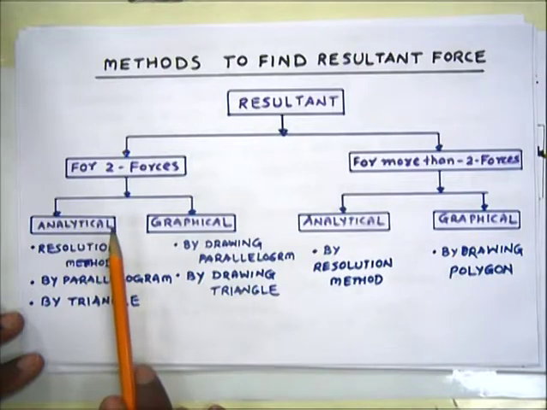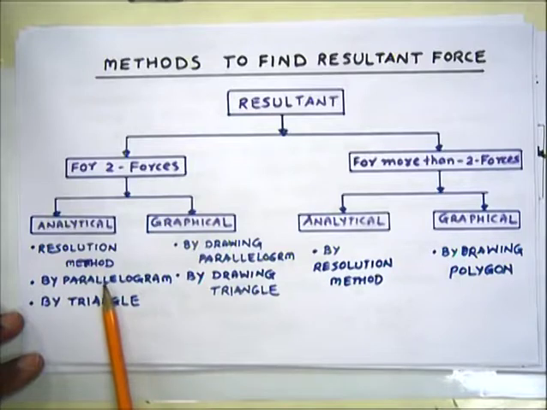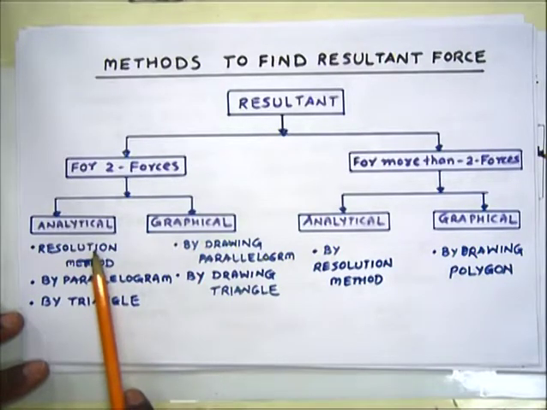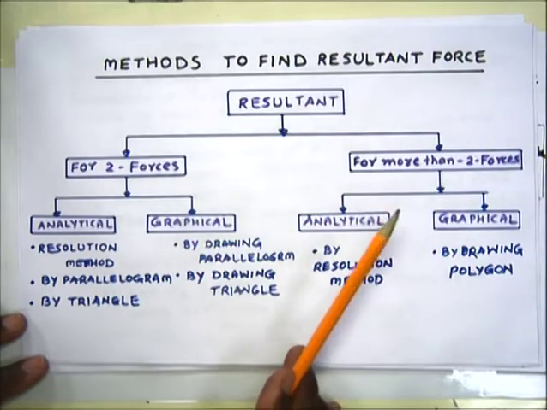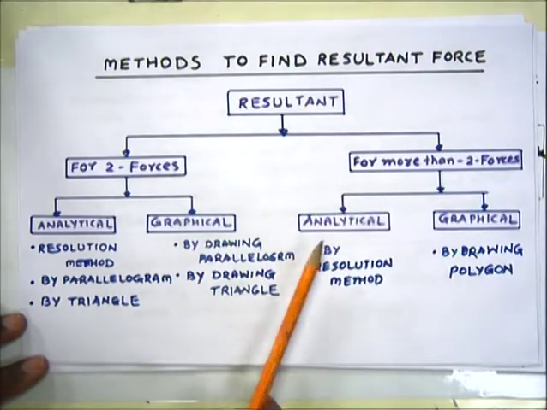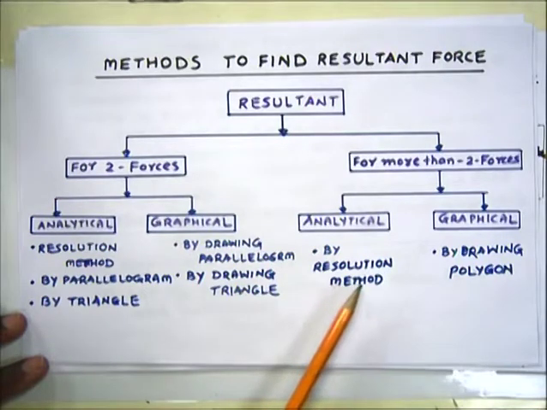For two forces, these two are specific methods which can be used only when two concurrent forces are there, while the resolution method we can use for two forces as well as more than two forces.